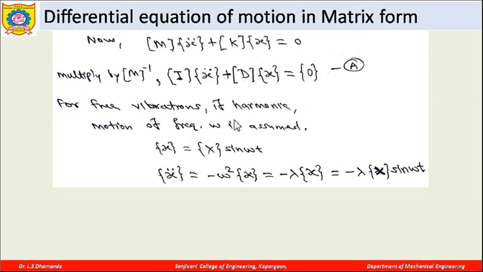For free vibrations, if harmonic motion of frequency omega is assumed, then x will be equal to capital X sin omega t, and therefore x double dot will be equal to minus omega square x, that is minus lambda x, that is minus lambda capital X sin omega t.